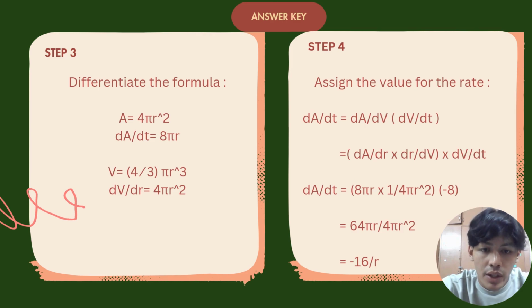So you get dA/dt equals, we substitute the values that we already differentiated in step 3, which is bracket 8 pi r times 1 over 4 pi r squared, close bracket, times negative 8. So we get 64 pi r over 4 pi r squared. Then we solve, so we get negative 16 over r.